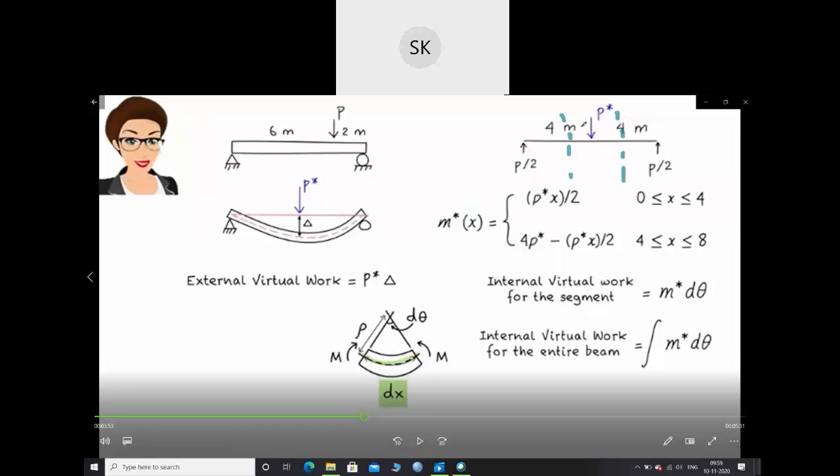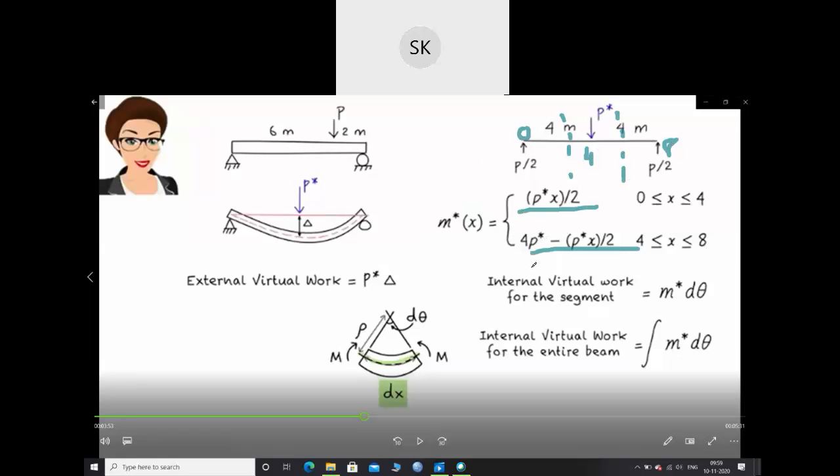You can take from here or from here. This will be the 0, this will be the 4, and this will be the 8. So the section from 0 to 4 has this moment equation, and from 4 to 8, this will be the moment equation. Okay, so we have found out the moment equations.